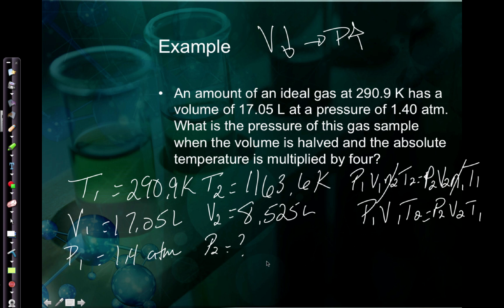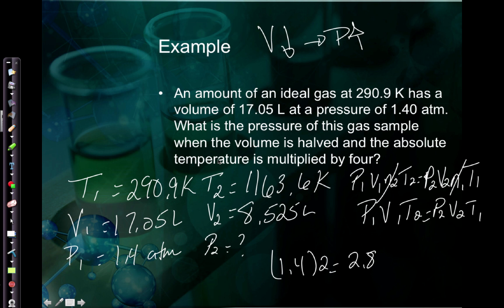So my original pressure is 1.4. If I divide the volume by 2, my pressure should increase by 2 as well. So I could multiply this by 2 and get 2.8. And that would be the answer if that's the only thing that was happening.